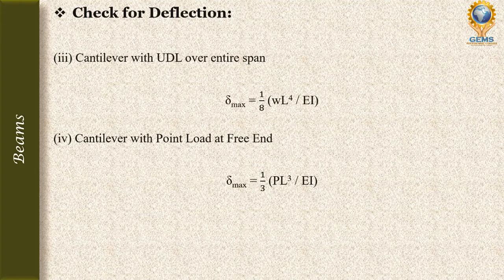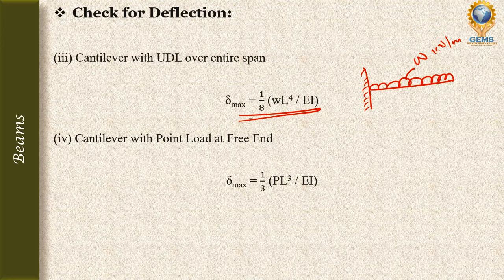If it is a cantilever having a UDL of W kilonewton per meter over the length, its formula is 1 by 8 W L power 4 divided by EI.